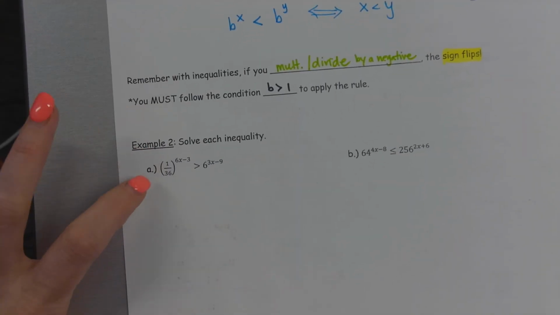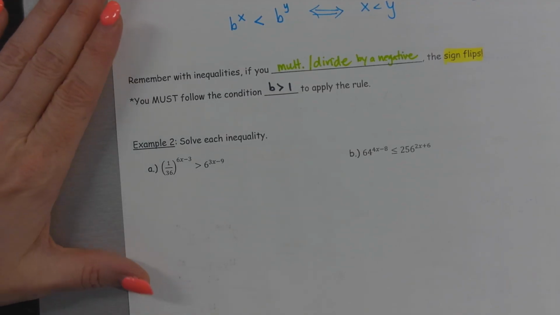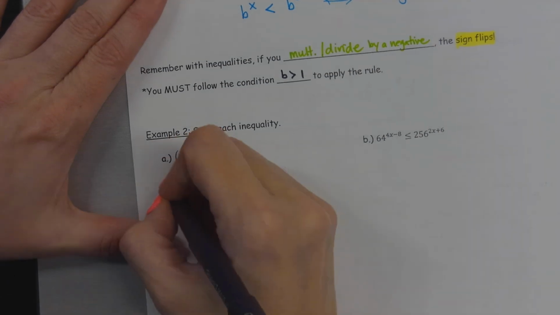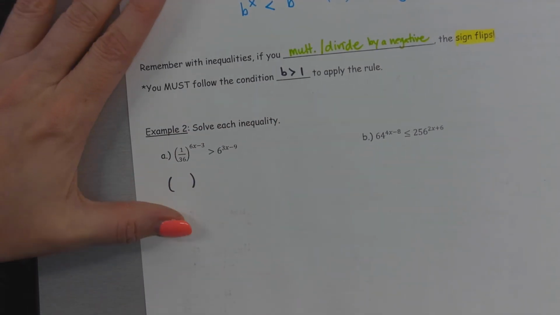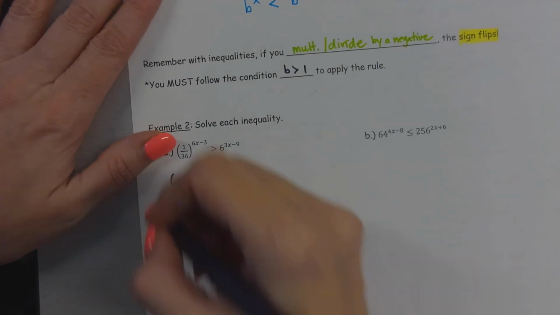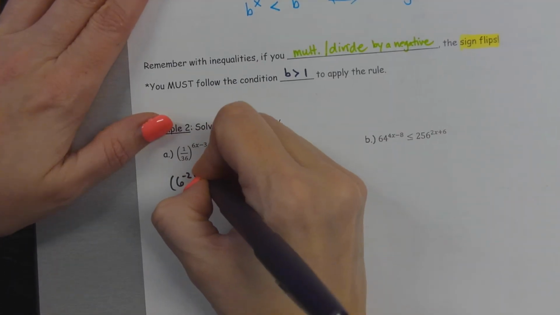1. Okay, so I have 1/36 and I have 6. So for this one, you are going to rewrite each one with a base of what? 6. Yep, so it'll be 6 to the -2 anytime it's a fraction.